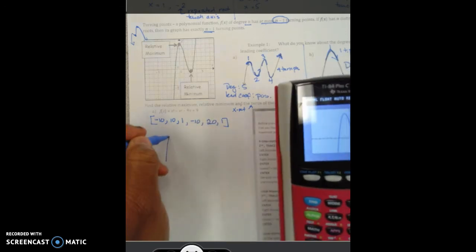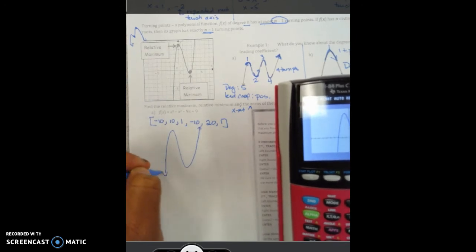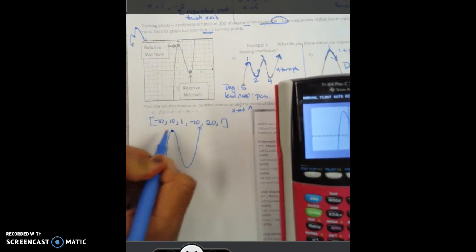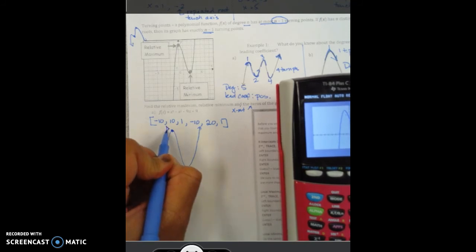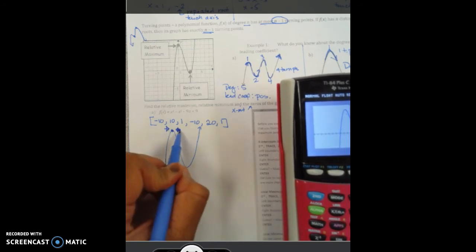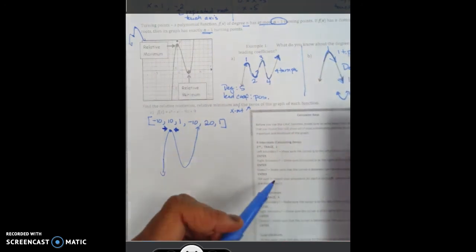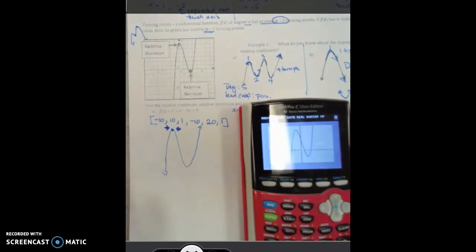So if this is essentially what we're looking at, it's probably the best graph that I've ever done. And here's your maximum. When you're setting up your boundaries, just make sure that your left boundary and then your right boundary are actually pointing to where the point is. Do that for me. You can also follow these steps, but if you need to, we'll do it first together.